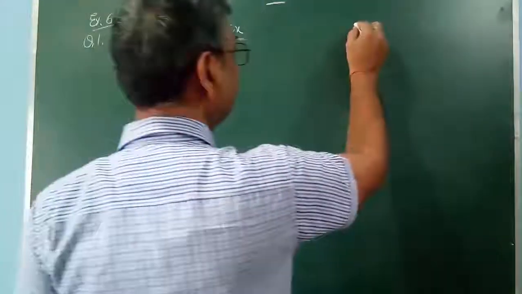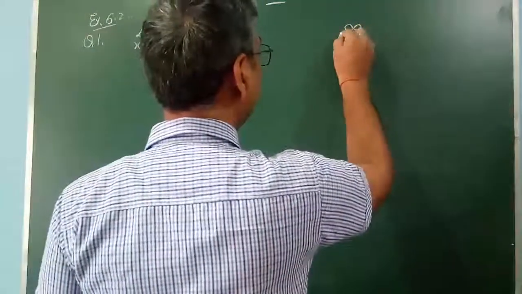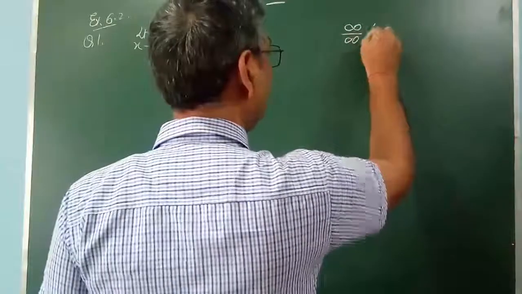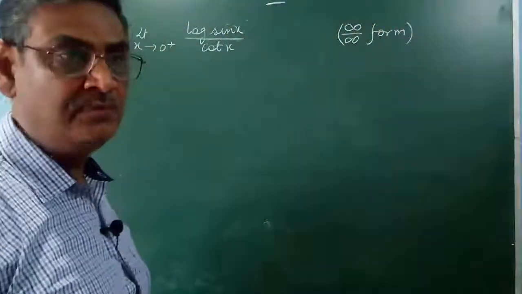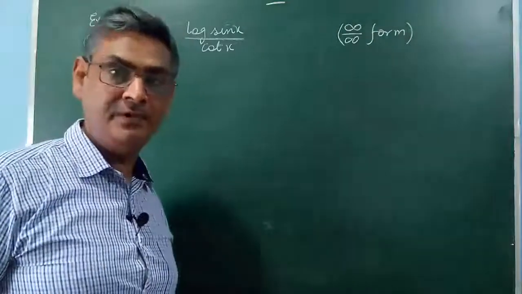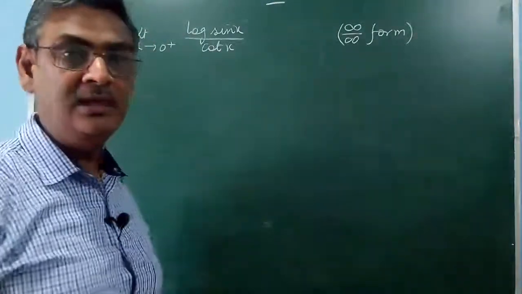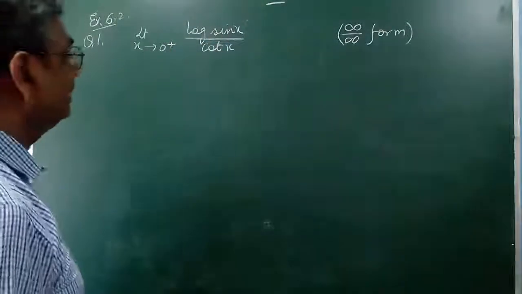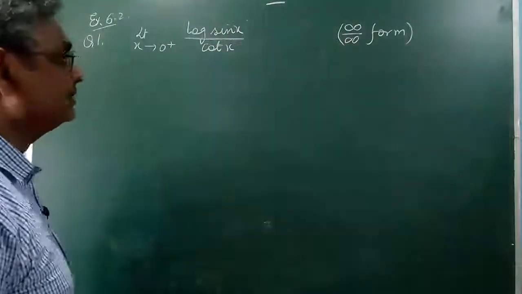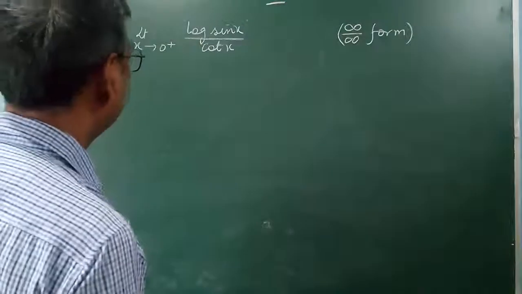So this is of which form? This is infinity by infinity form. In both the cases, when we are having 0 by 0 form or infinity by infinity form, we can apply L'Hopital rule. So here we can just write it log sin x upon cot x.